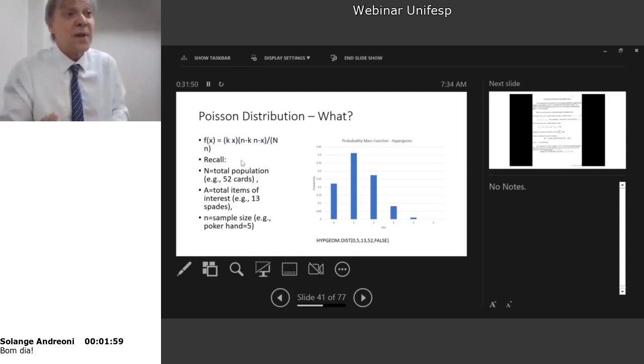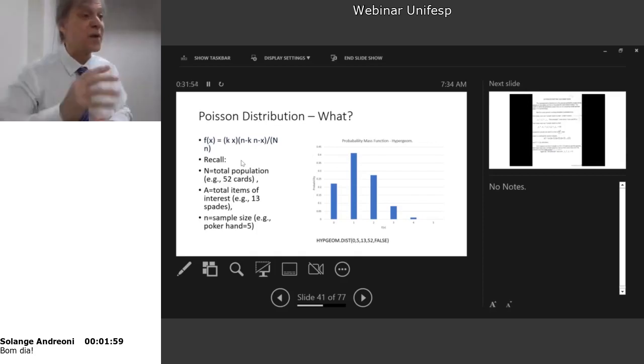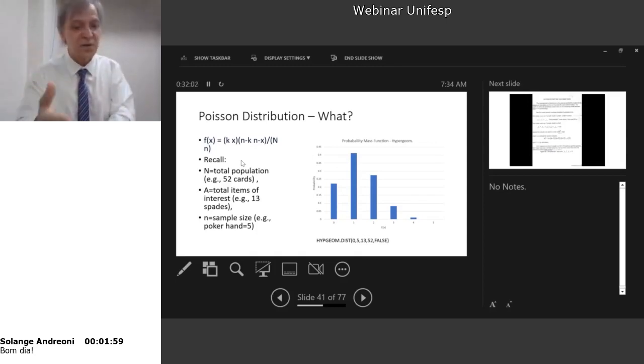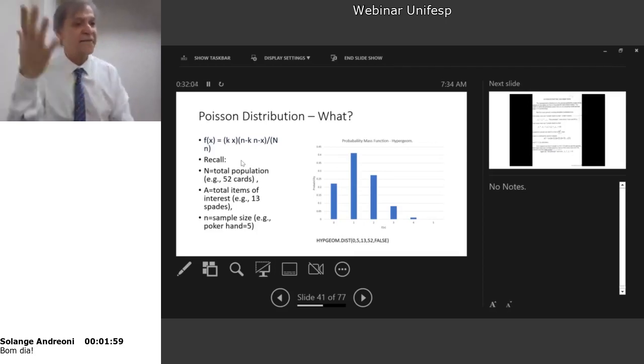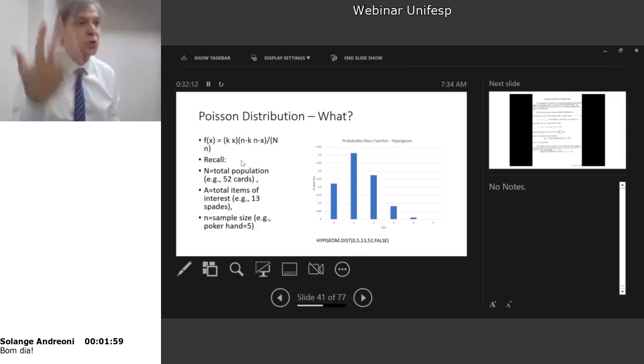In this case, my random sample is given by the dealer. You only get 5 cards in poker, so that's my random sample, right? You shuffle and distribute the cards. It's a random sample of 5 cards. So that's my experiment: 5 cards. That's my hand, called a poker hand. So my poker hand is 5 cards. So I can ask the question, what's the probability of having 2 spades?